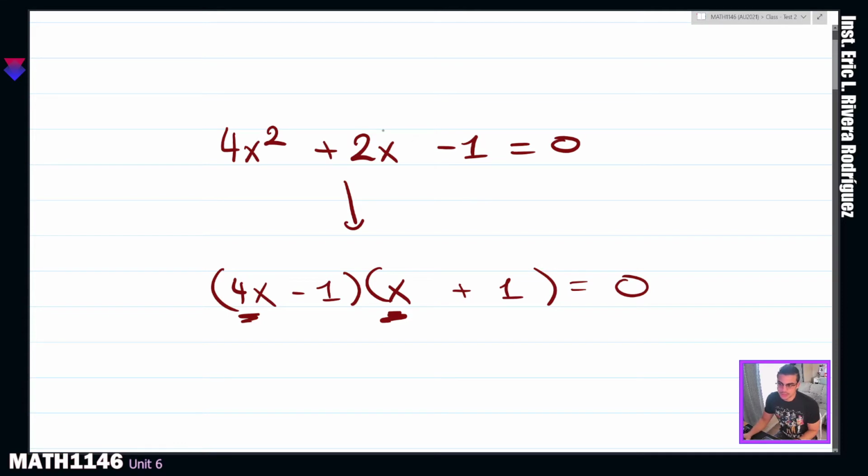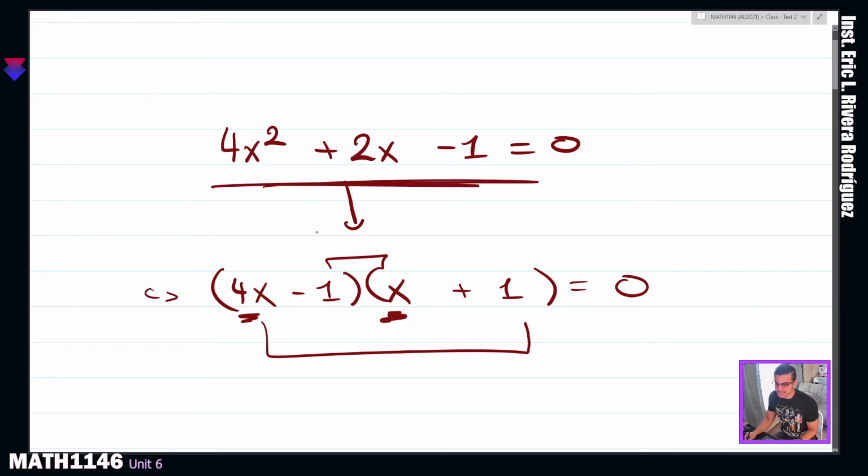Our goal now is that if we multiply first the inner ones and then the outer ones, and we add them, we need to have positive 2x. But that's not the case with this scenario here, right? If we expand this, if we distribute what we have here, we are not going to get this same exact equation.